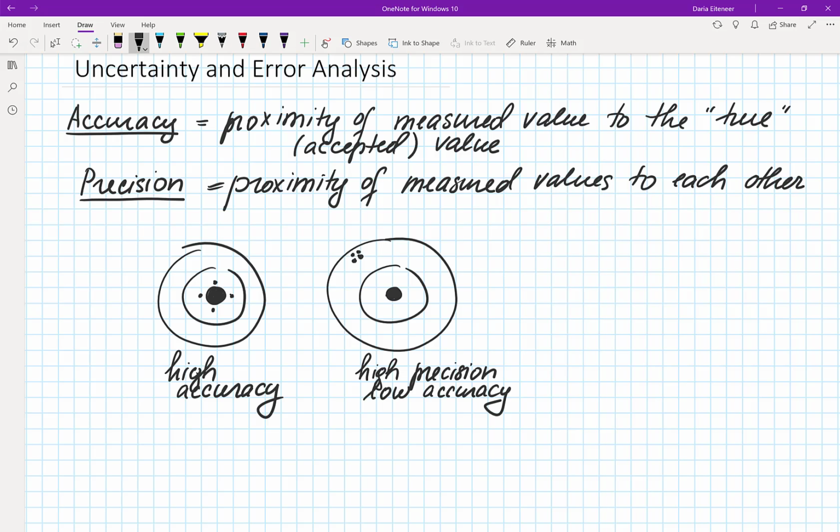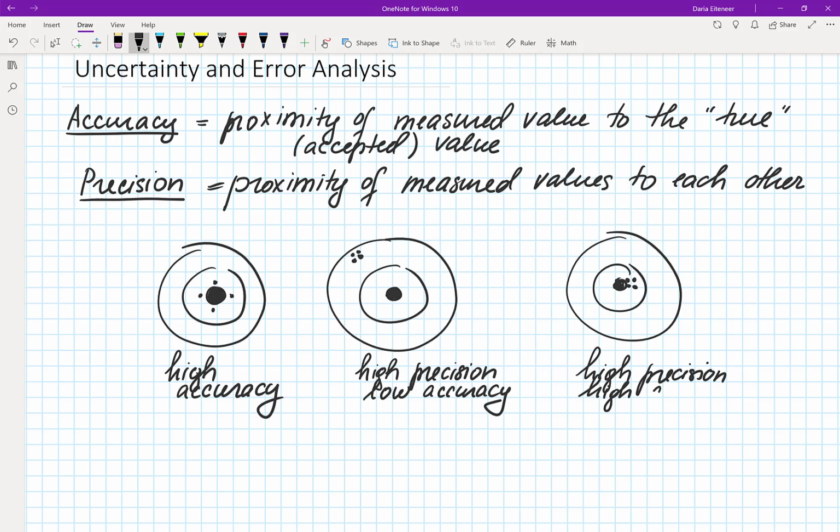And finally, I'll do one more here. So here is my bullseye. Now I'm going to throw the darts like this. So this would be high precision and high accuracy. Okay.